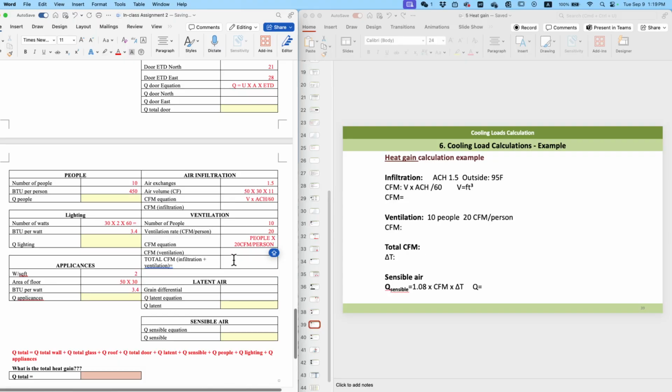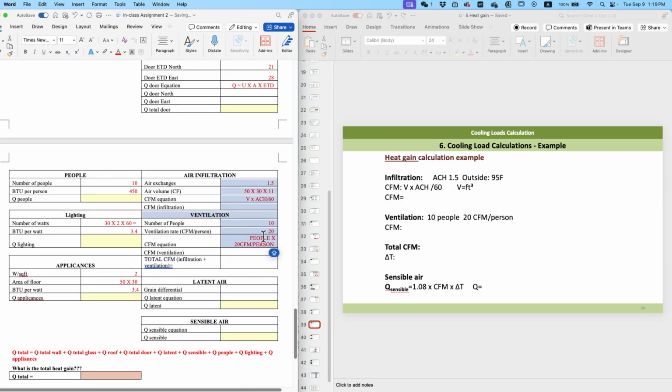And how about the total CFM? We will adjust for the total unconditioned outside air going inside, so this includes infiltration and ventilation. So for total CFM you have to add this one and this one. Add both of them, and you got the total CFM.